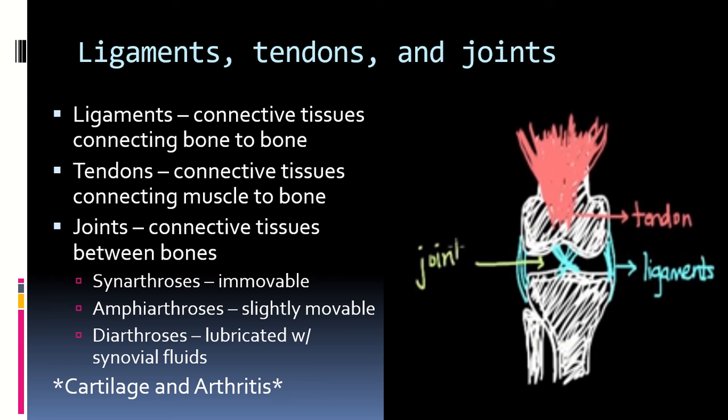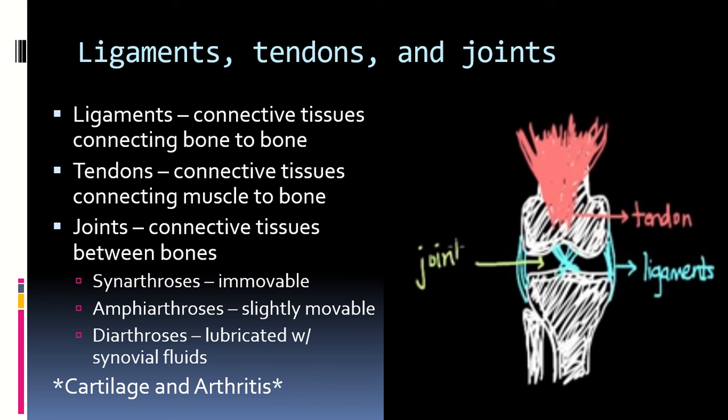Joints are similar to ligaments in that they also connect bones to bones, but joints are going to be the connective tissue that is directly where one bone is touching another. So directly between two different bone surfaces. And some different types of joints: synarthroses, which are not movable.